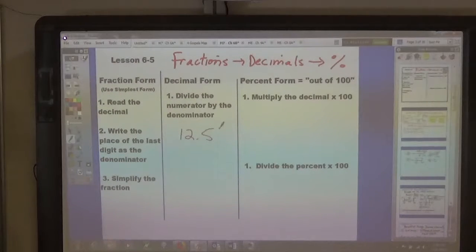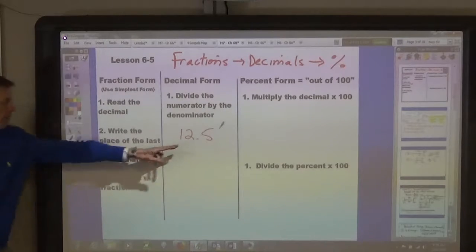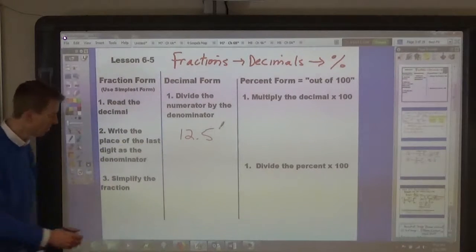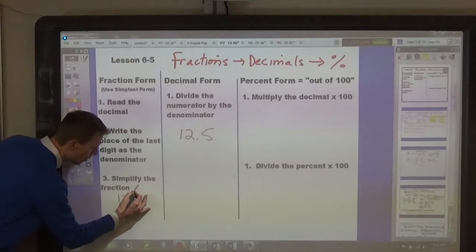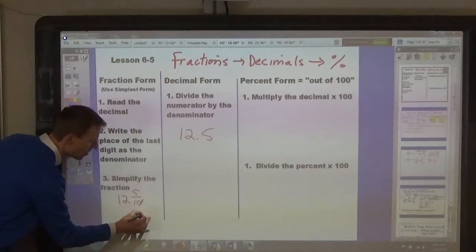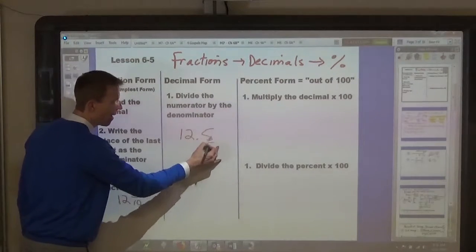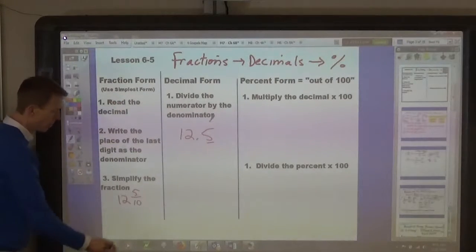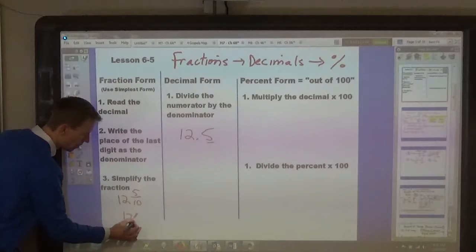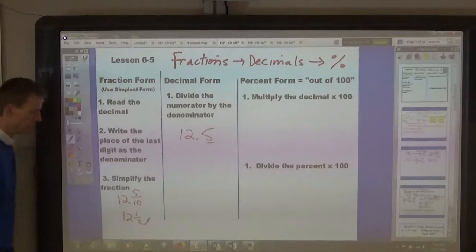How would you change that to fraction form? Well, how would you read that number? Devlin? 12 5/10, which is 12 1/2. First write 12 5/10, because that's how you read this. 12 5/10, which is 12 1/2. Okay?